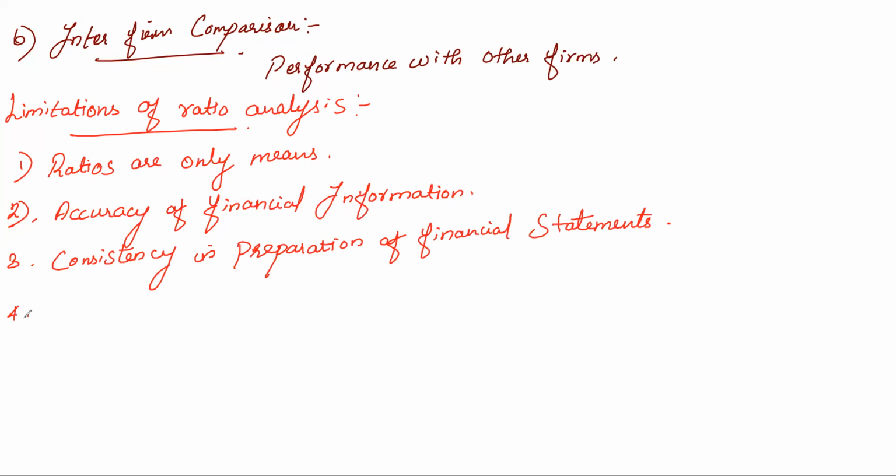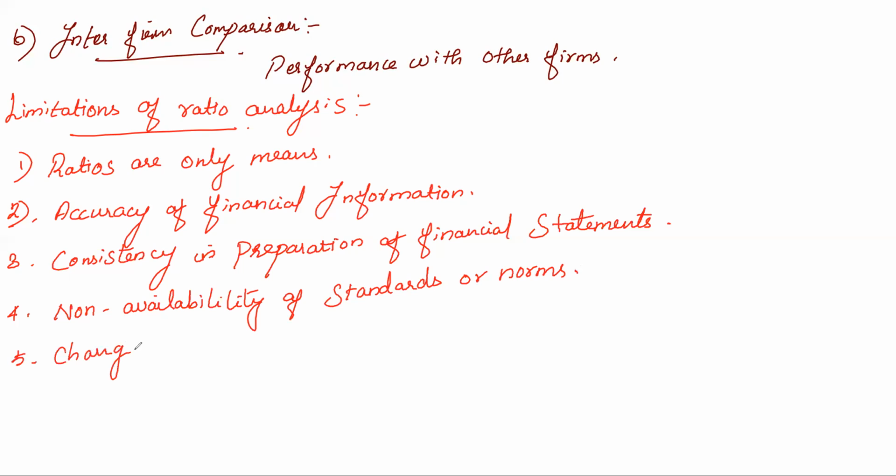Then fourth one, non-availability of standards or norms. Then fifth one, change in price level. Okay, that's all.